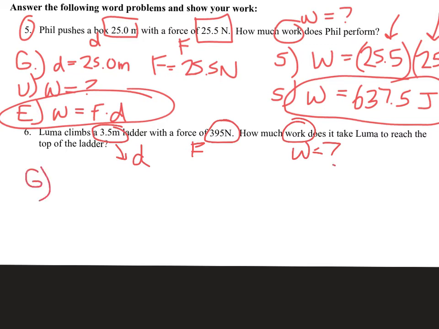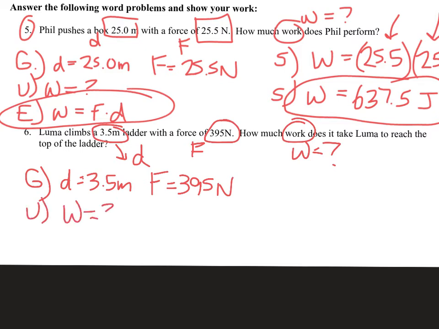All right, let's do it. G in the GUESS method is our given. So I have a distance of 3.5 meters, and I've been given a force equal to 395 newtons. Now my unknown, the thing I don't know, is work. But I do know that my work equation is force times distance.